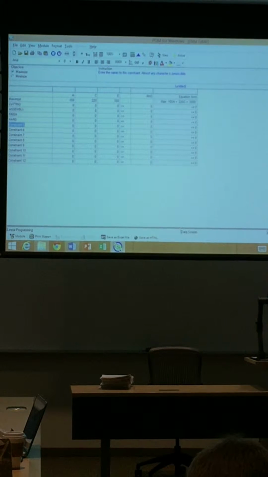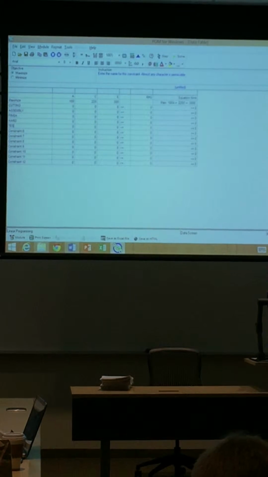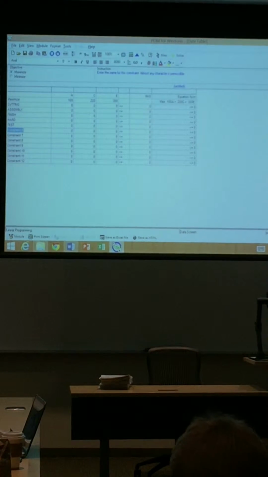The fourth one is hardware. The fifth one is testing. The sixth one is packaging.